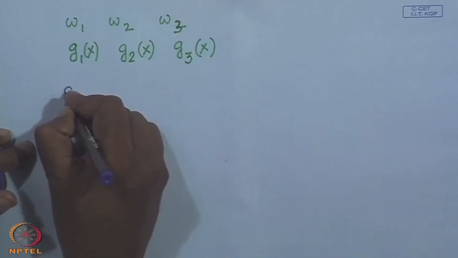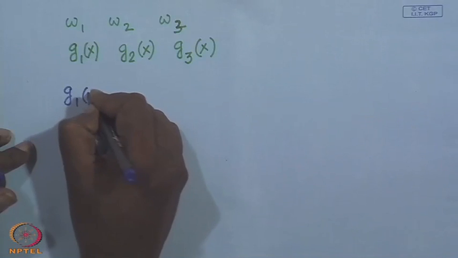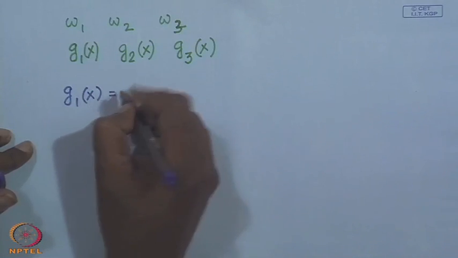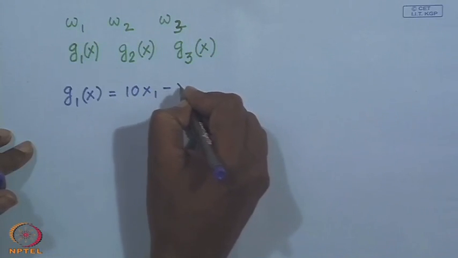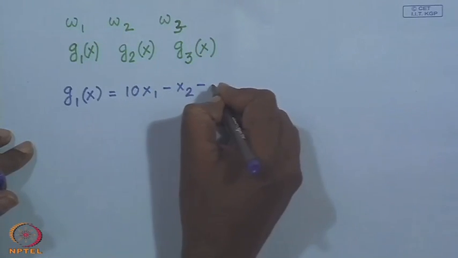Now let us see what the different functional forms of each of these linear discriminating functions are. Let us say g1(x) is equal to 10 x1 minus x2 minus 10.